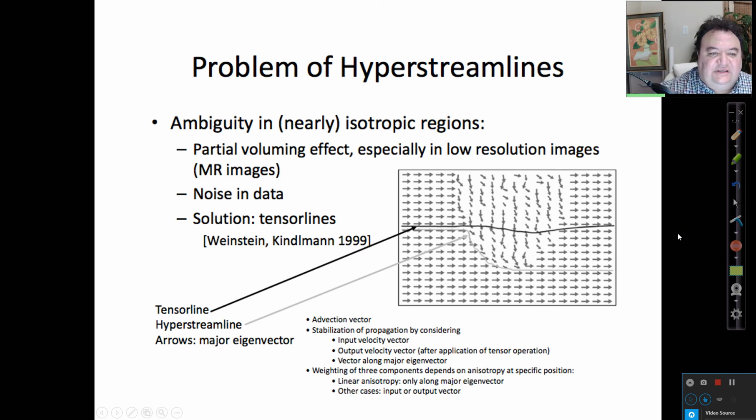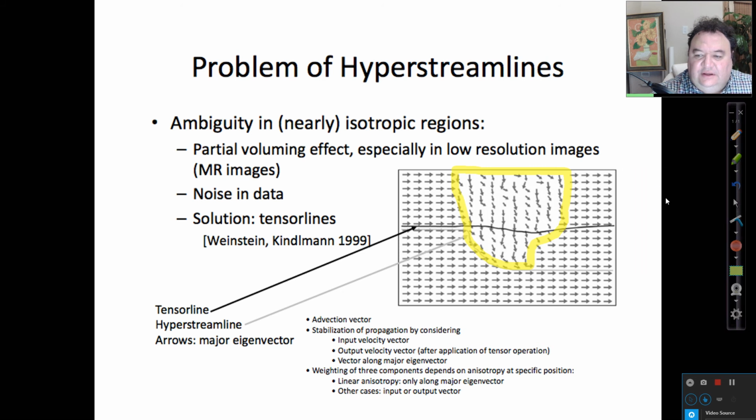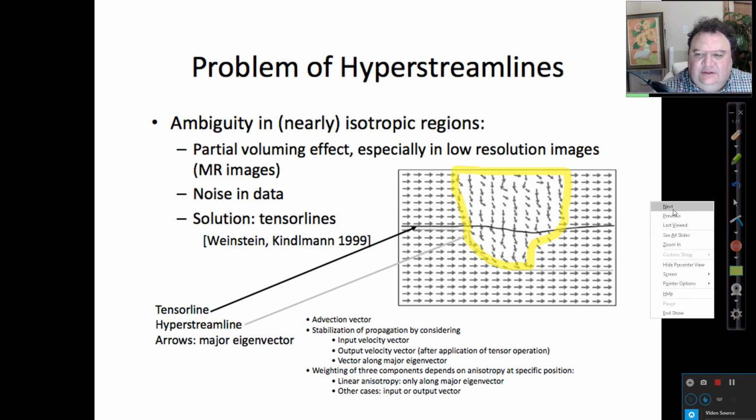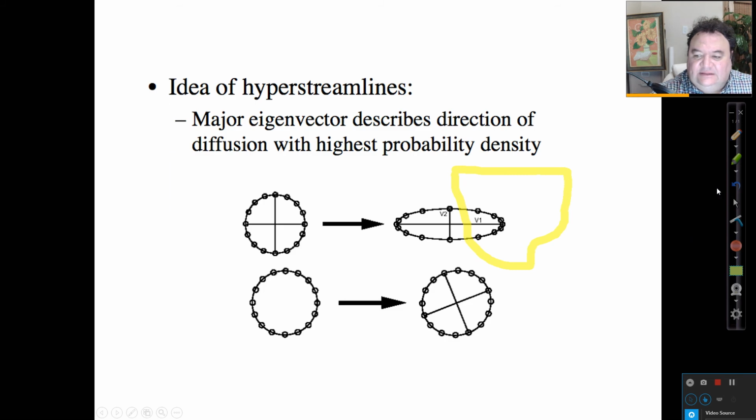Some of the potential weak points of the hyperstreamlines is that in the regions where the flow is more isotropic, we don't have a strong distinction of the eigenvectors between each other. In fact, we have the problem that the computation of the eigenvector becomes somewhat random. Let me go back to the previous slide.